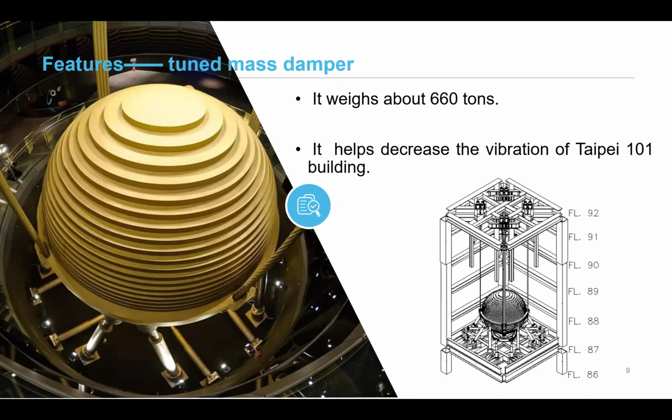It was the world's largest damper. In this picture, we can see that it's located between the 86th and 92nd floors. Its main role is to help decrease the vibration of the Taipei 101 building, and as a result, it can decrease the vibration by 40%.